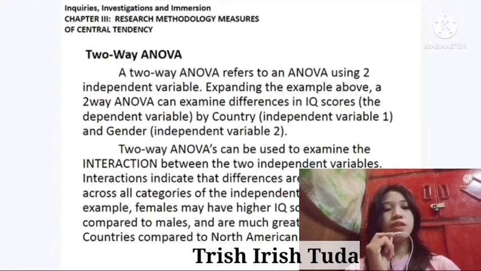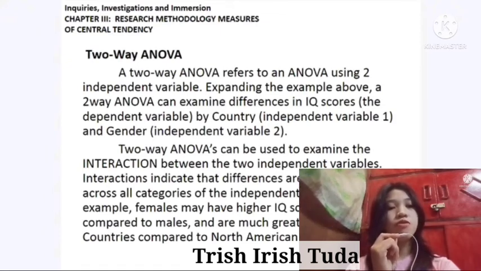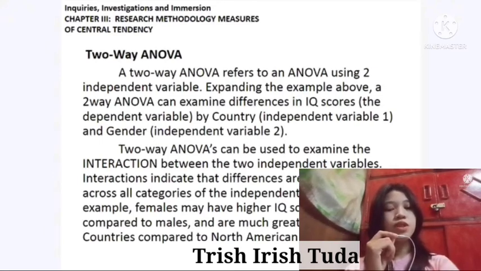Two-way ANOVA is carried out when you have 2 independent variables. It is an extension of one-way ANOVA. You can use the two-way ANOVA test when your experiment has a quantitative outcome and there are 2 independent variables.